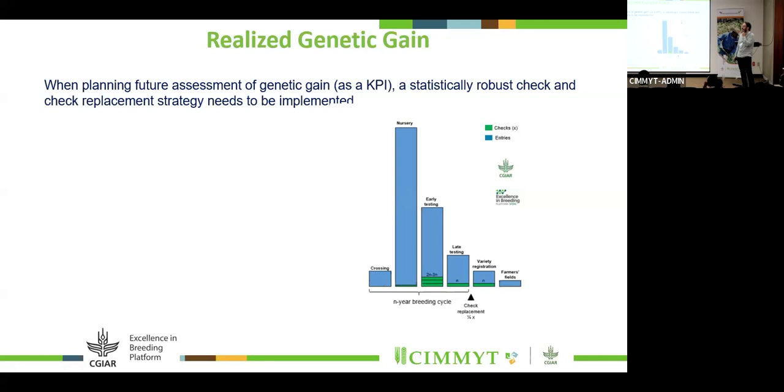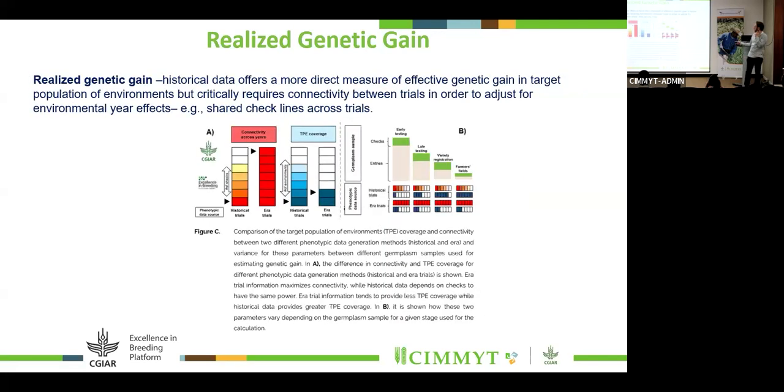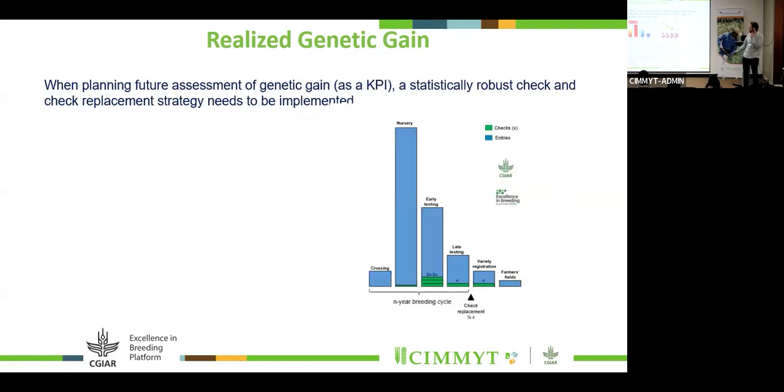Not just stage 4, and on-farm. But you do need a good check strategy, and as Juan just said, on-farm can in many ways be the best way. But I just want to emphasize that realized genetic gain is actually measuring how well you've done.